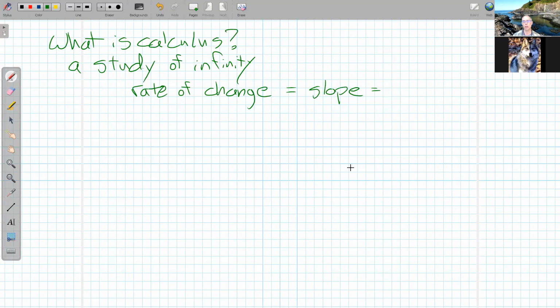And rate of change is synonymous with slope. So just a reminder, often when we find slope, we need 2 points and we find the difference in the y values. And we divide by the difference in the x values. And these changes in the top, right? So this is a change in y here. And down below, we have a change in x.